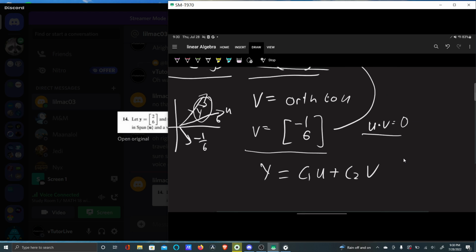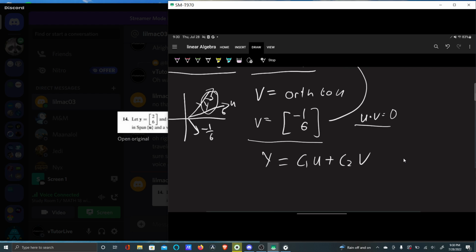How would you do this? Plug in what we know for u and v, and then make a system of equations with it? Yeah, you could definitely do that. That's exactly right. But in the terminology of linear algebra, how would you do this?